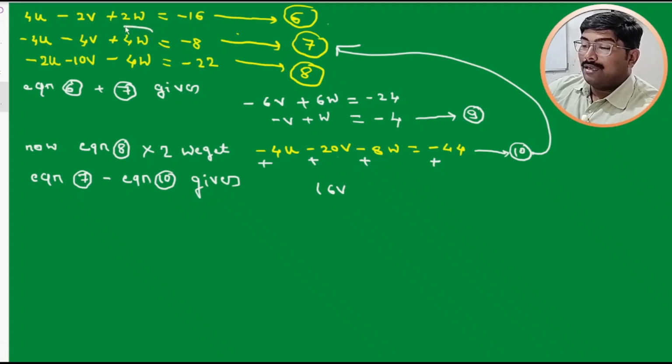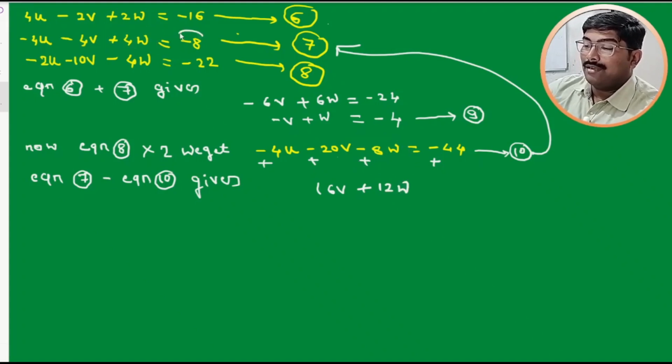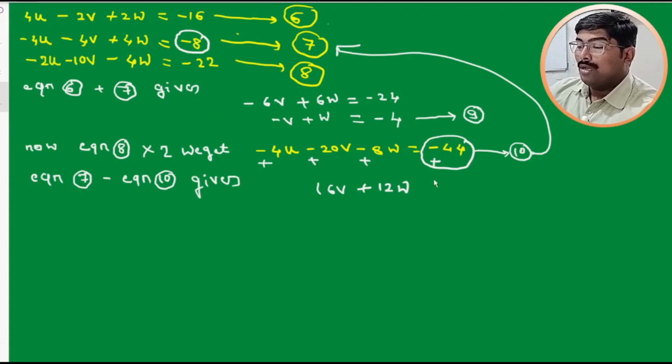The third term in equation 7 is plus 4w, and after subtracting in equation 10 we have plus 8w, plus 8w and plus 4w is plus 12w. On the right hand side of equation 7 we have minus 8, and after subtracting we have plus 44. So 44 minus 8 is plus 36.